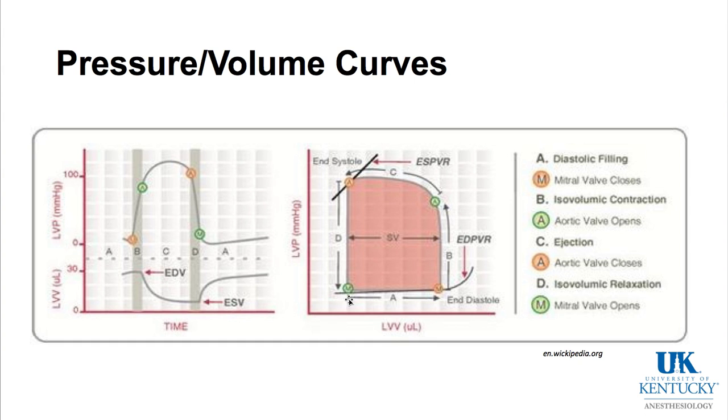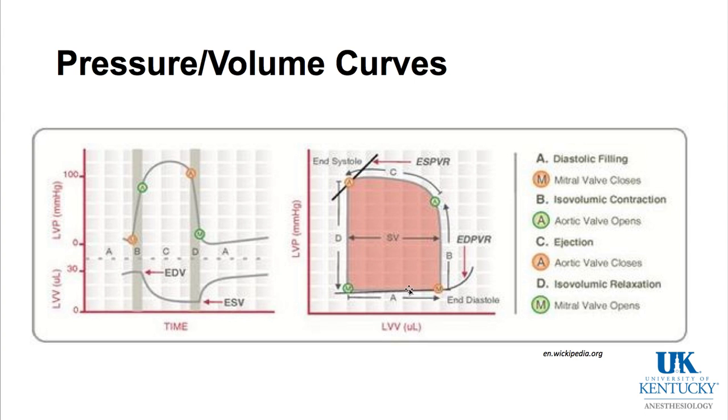And if we start where the mitral valve opens and filling of the left ventricle occurs, you can see that in A, as we move along there, the left ventricle is filling, the pressure goes up a little bit, and at the orange M, the mitral valve closes as the ventricle is contracting, and that point right here is end diastole. End diastole is when the left ventricle is full, getting ready to contract.